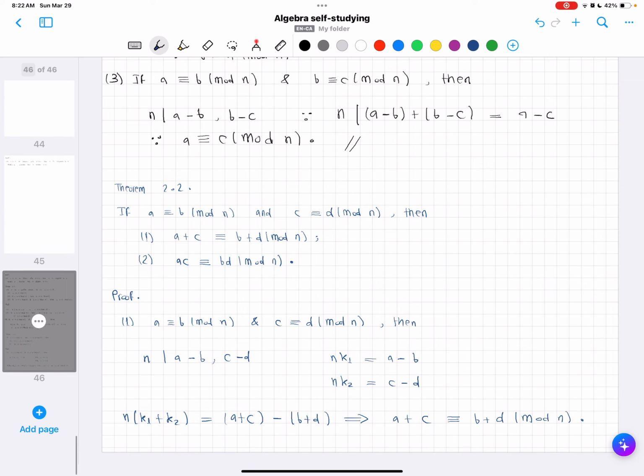Alright, so now let's go to the proof for the second property.